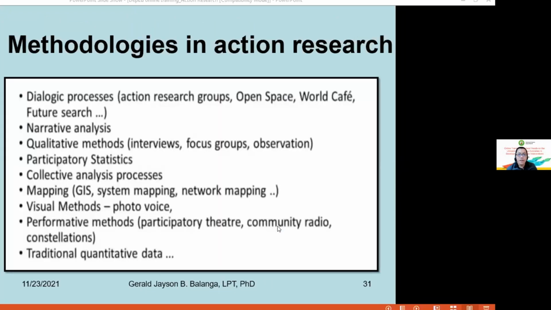Now, here are some methodologies in action research. Of course, usually we have the traditional quantitative data, academic achievement data, non-academic data, performance data, etc. But we can also use photo voice. Well, I have mentioned about interviews, focus groups, and observations.